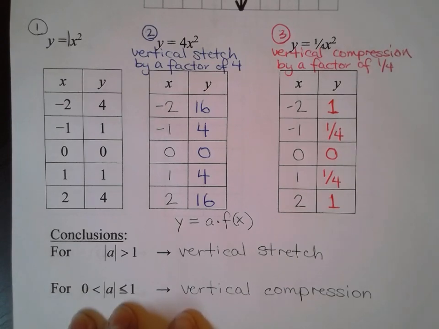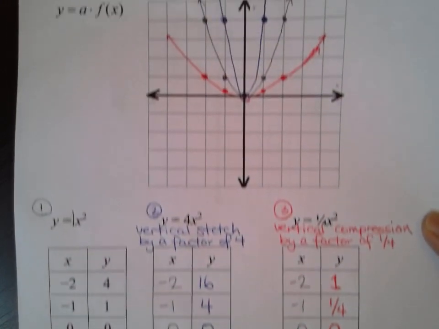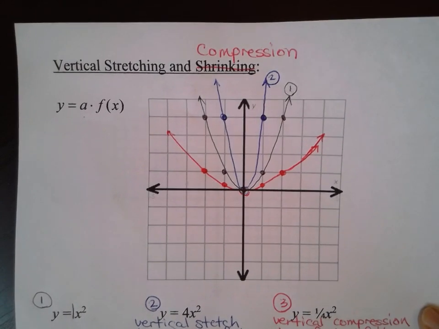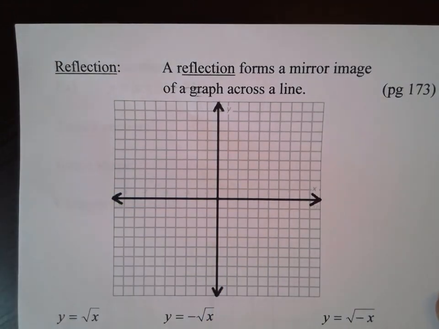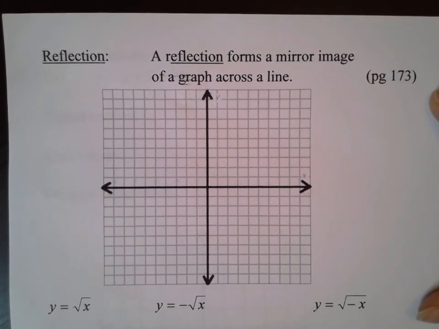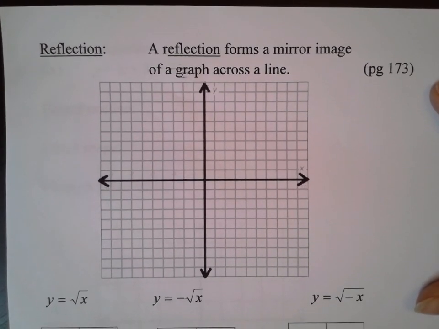Okay, so this would be the second type of change, vertical stretch and compression. And so this is what it would look like for a parabola. The last change, transformation that we want to talk about is a reflection. So a reflection forms a mirror image of a graph across a line.